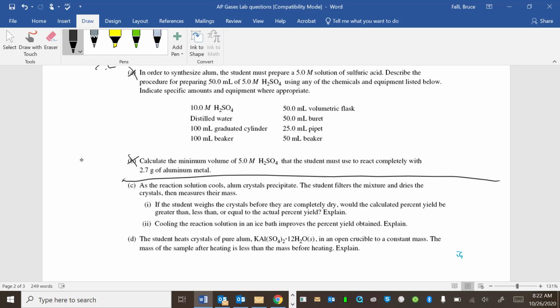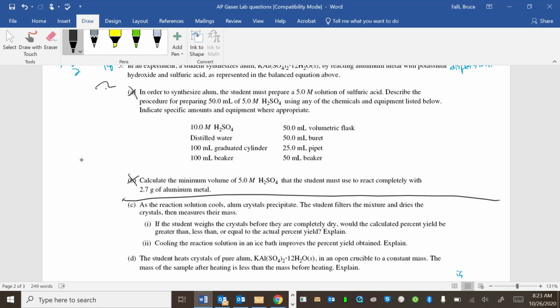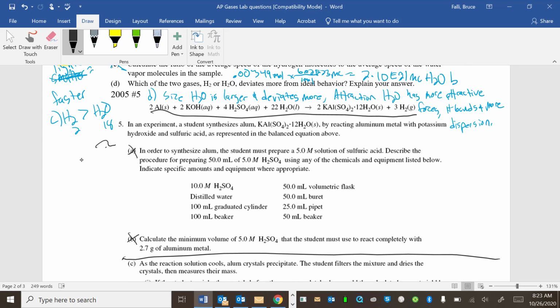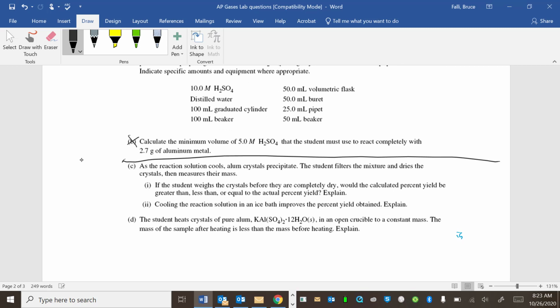As the reaction cools, the alum crystals precipitate. The student filters the mixture and dries the crystals, then measures the mass. The student weighs the crystals before they are completely dry. What would the calculated percent yield be? So remember, the crystals they're trying to get are these crystals right here. So we're looking for a percent yield. So that's going to be product over expected.